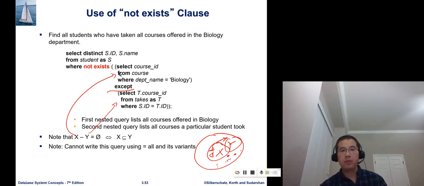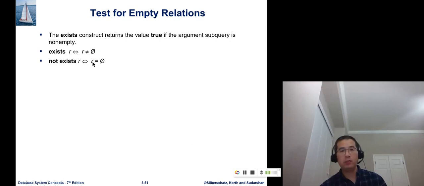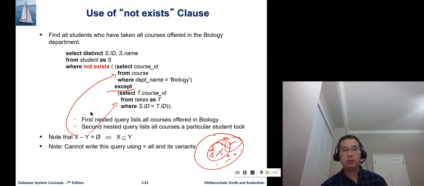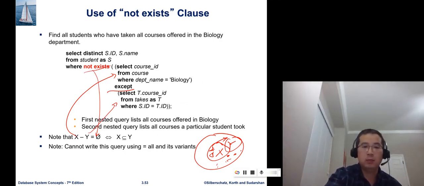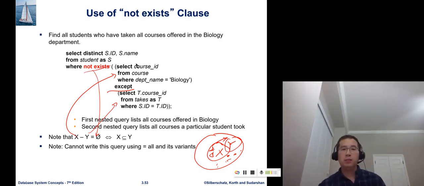If not exists, as we mentioned before, not exists means there's no single tuple in R. That's why we said R not exists, R is an empty table. So this one is empty. This means biology's courses minus a student's taken courses equal to empty, then we list those students.